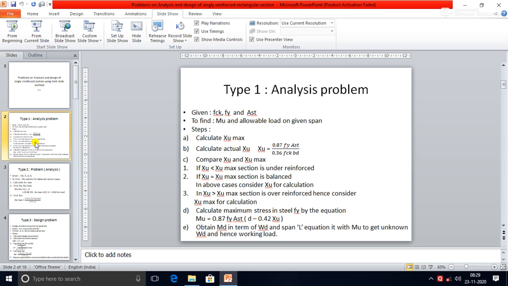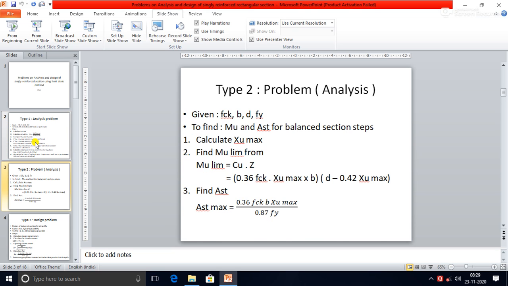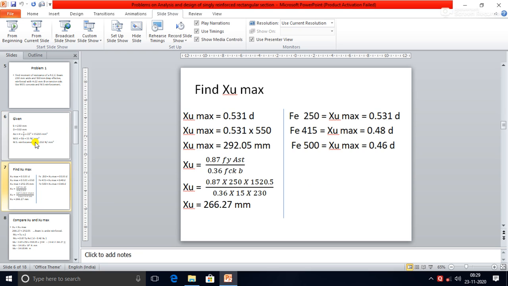Xu max depends on the percentage of steel, and it was given in the last lecture. See here, these are the values for Xu max. For Fe250, Xu max is 0.53D. For Fe415, Xu max is 0.48D. For Fe500, Xu max is 0.46D. These are the Xu max or Xu limiting. You can denote it as Xu max, limiting value, or Xu limiting.